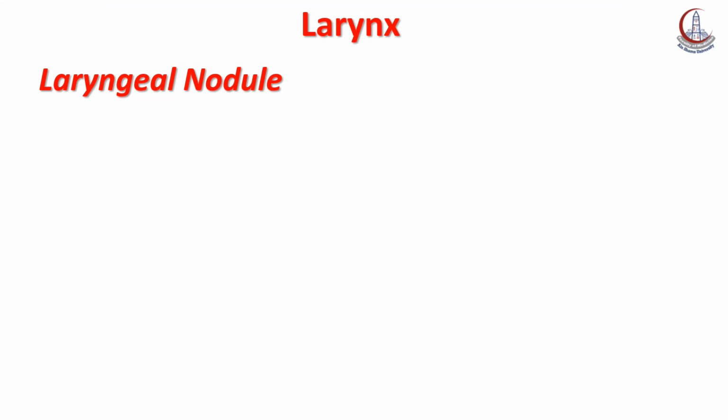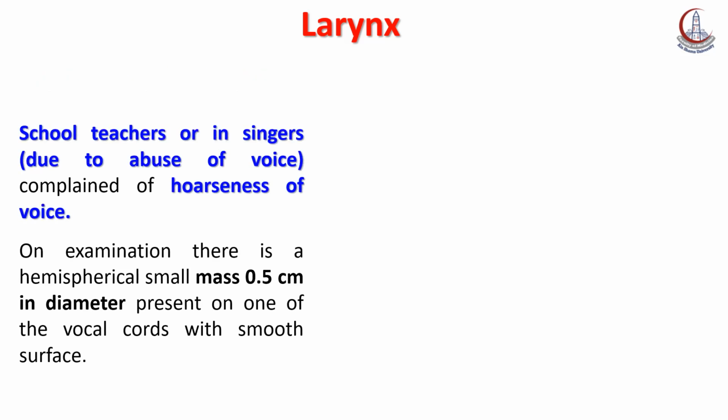We will move to the larynx, and we will start with the laryngeal nodule. This nodule usually occurs in school teachers or in singers due to abuse of voice. These patients usually complain of hoarseness of voice.